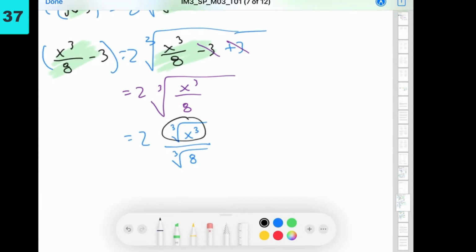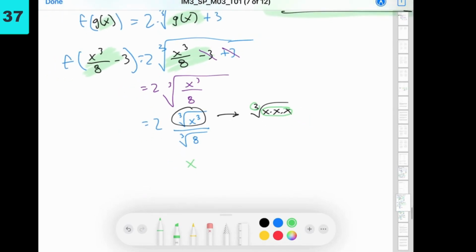Well, again, this means, do you have 3 of these to come out? Yeah, 1, 2, 3. They hold hands, they come outside, no more radical. They're not inside the house anymore, okay? If you look at this one, same thing, but it's in the denominator, so they can hold hands and come outside, okay?